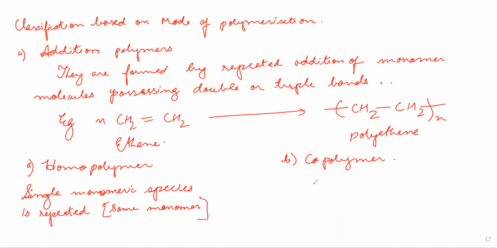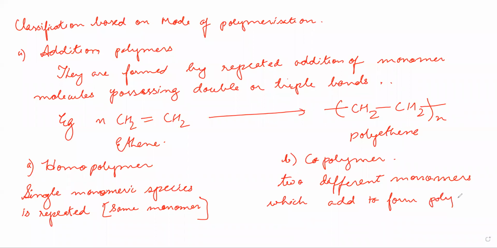Copolymer. Now, what happens in copolymer? It is again addition polymer, but there is a difference. There can be two different monomers which add to form polymer.